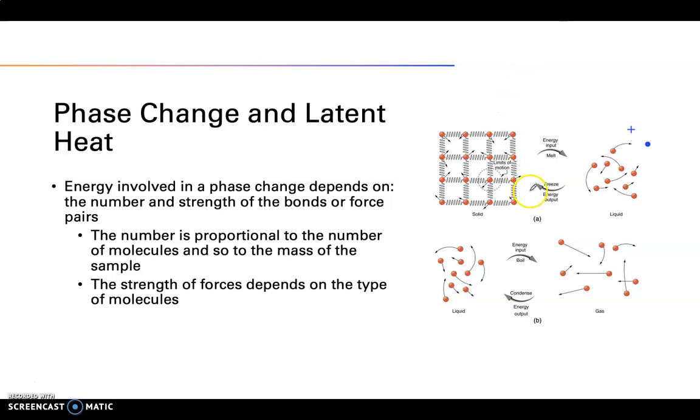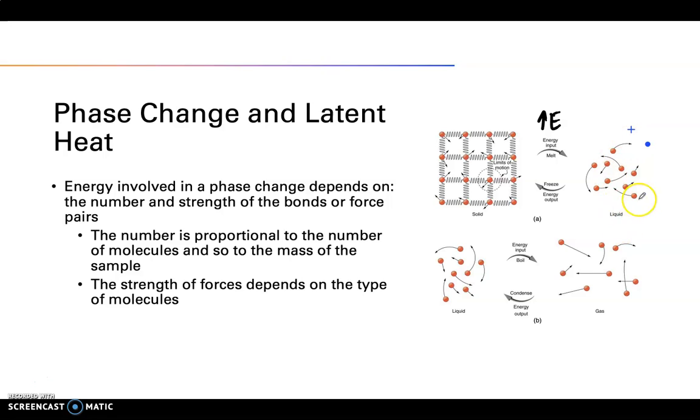Now, when there is energy input into the system, the substance will then melt and it becomes a liquid. So when we increase energy, we get to a liquid form.